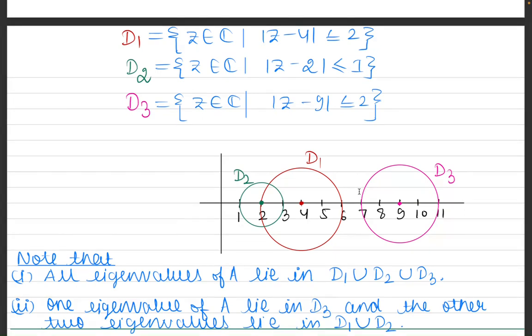So what does the second part say? First things first, the first part of the Gershgorin circle theorem will imply that all eigenvalues lie in D1 union D2 union D3.